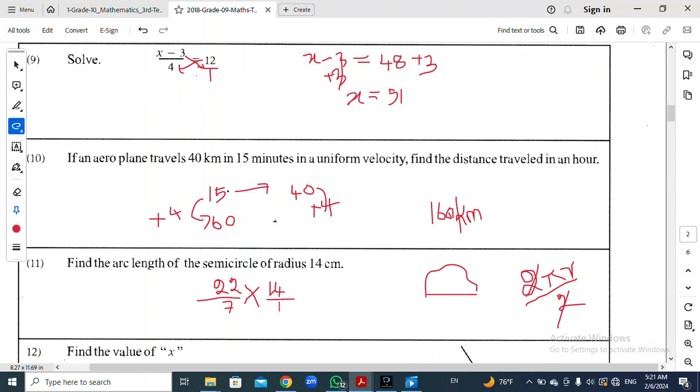We can change it into a fraction by putting a 1 here. Now we can simplify 7 and 14: 1 time, 2 times. Now here 22 into 2, so that's equal to 44. So 44 centimeter.